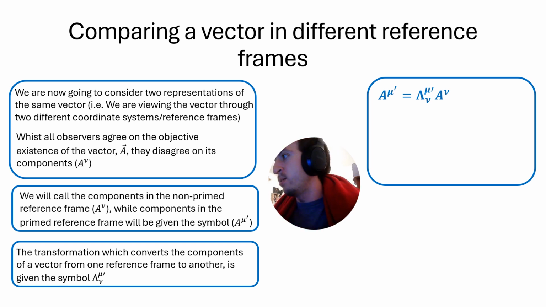So for example, let's say that A is living on a whiteboard, so the space, the manifold it's on, is a two-dimensional manifold. Then μ could be 1 or 2, and therefore, for example, A^1', the component of A along the axis I've labelled axis 1 in the prime coordinate system, would be Λ^1'_1 A^1 plus Λ^1'_2 A^2.